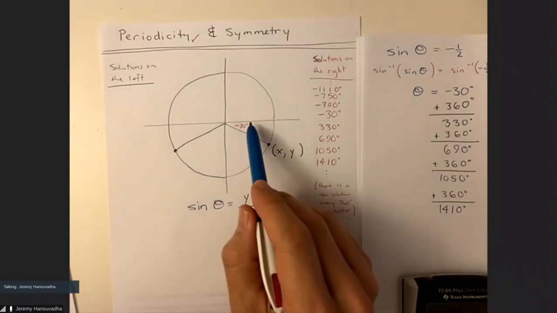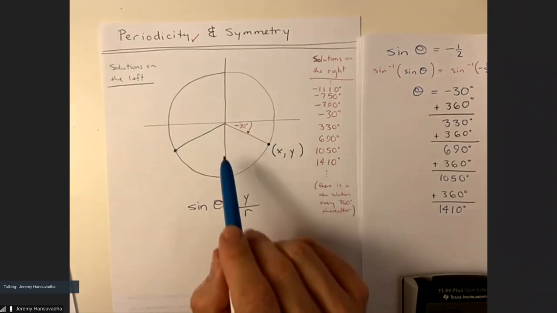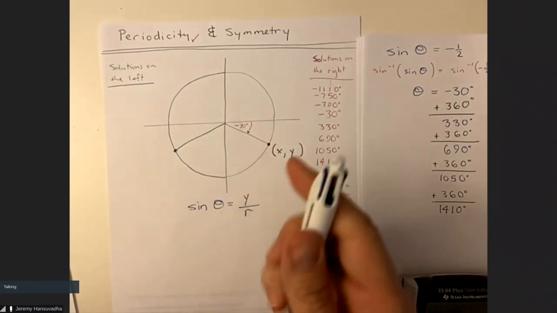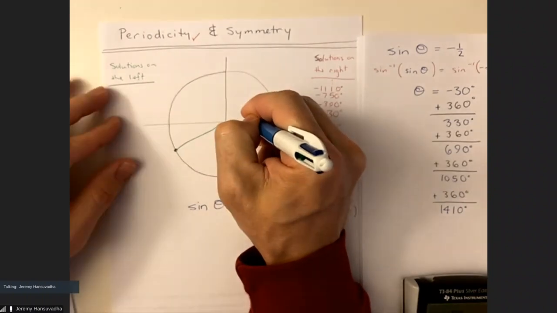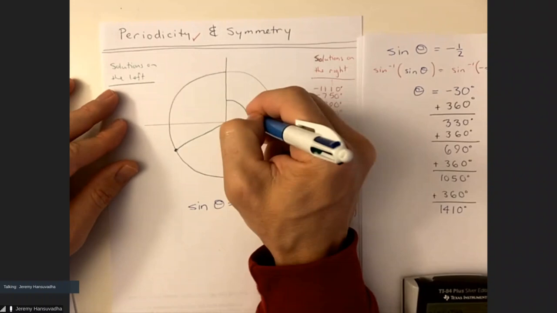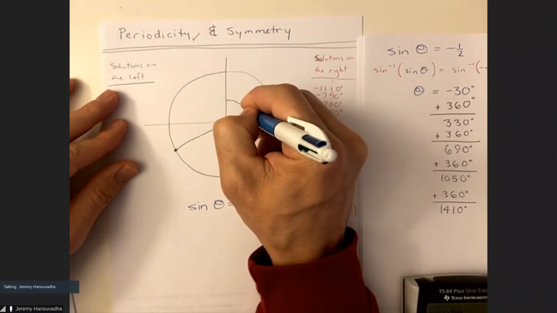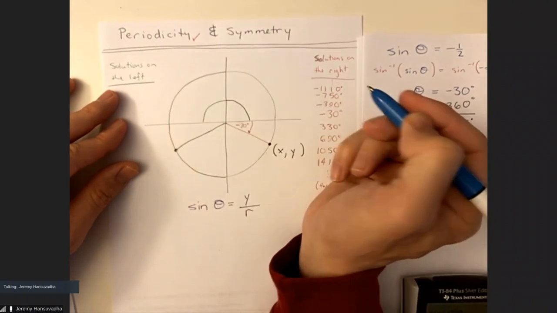Well, let's use the fact that this is a 30-degree angle. Now, how far is it from here to here? That's 90 degrees of rotation. What about from 0 to here? How far is that?